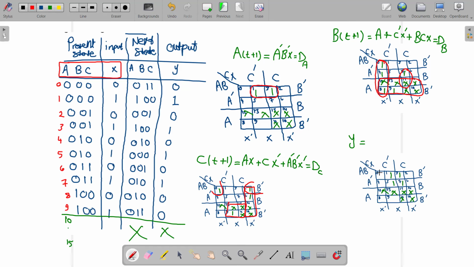So for making a group, we have just these 4 ones. We can say that Y is equal to A prime X. So we could find all of the Boolean functions using D flip-flops, and with these Boolean functions we can design our circuits.